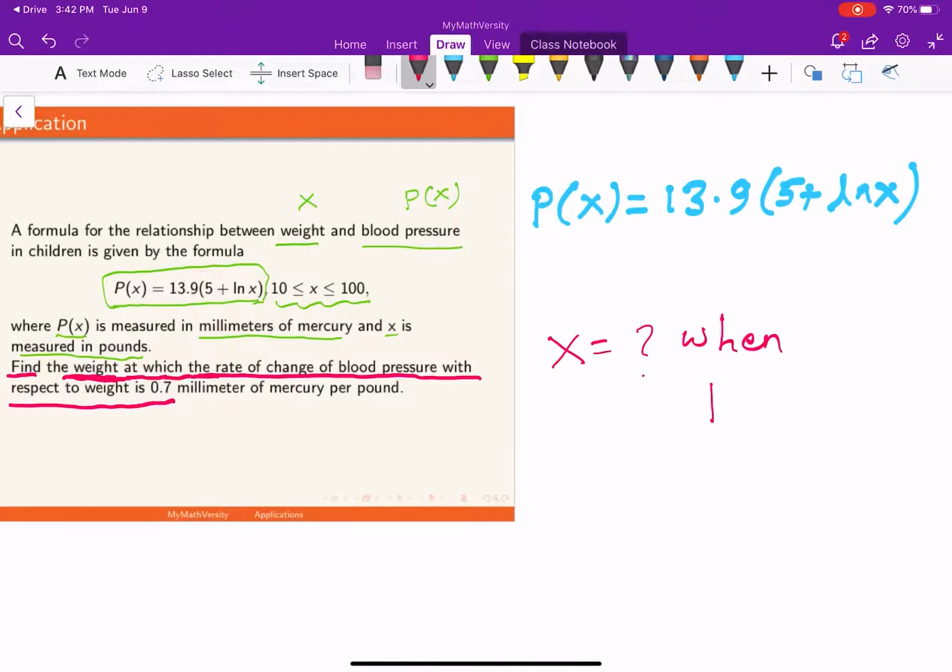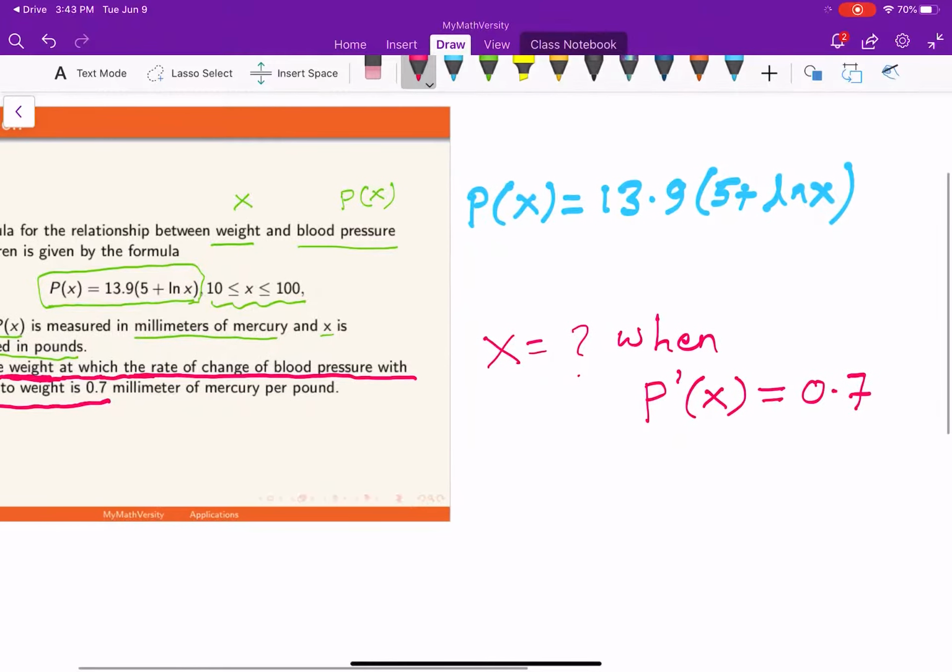By using the derivative. So we need to find x when P prime of x, the rate of change of the blood pressure with respect to the weight, is 0.7. So this is the question.